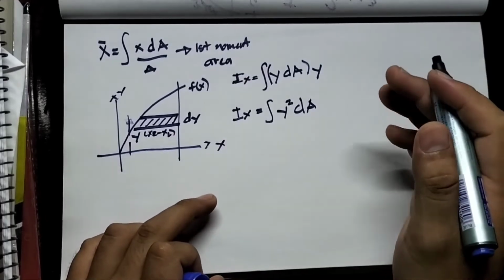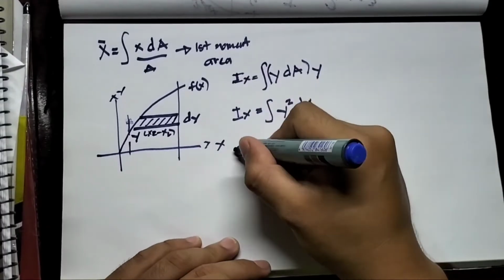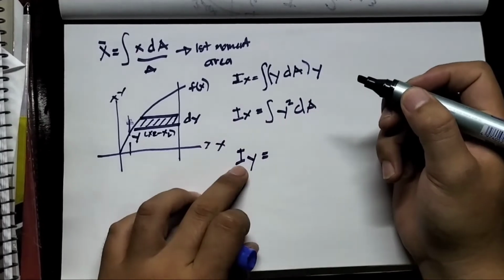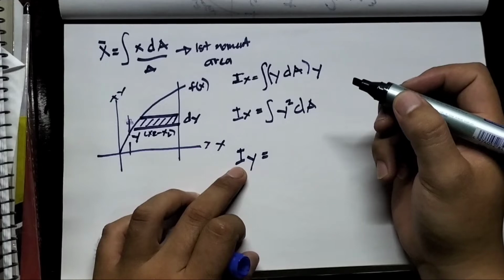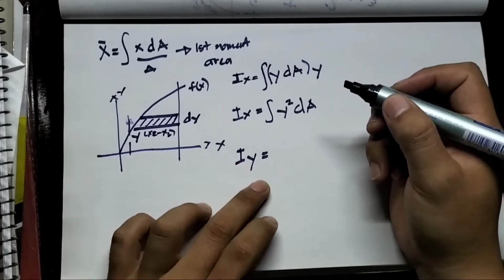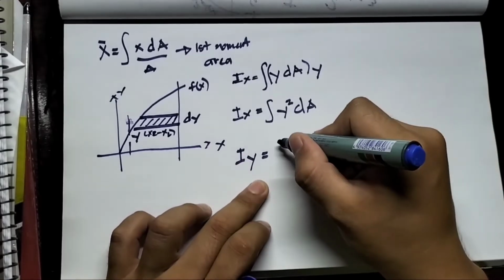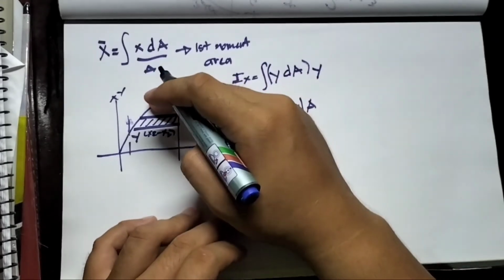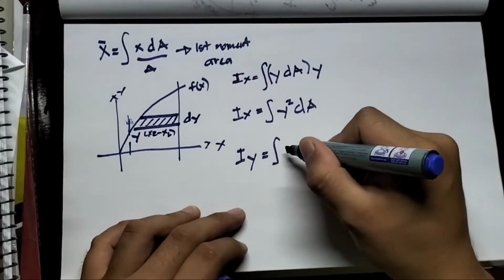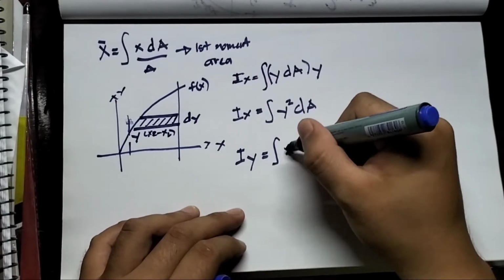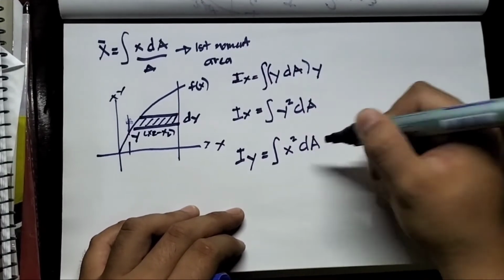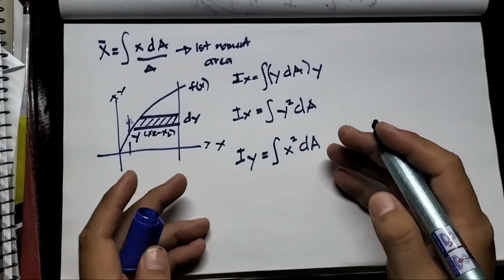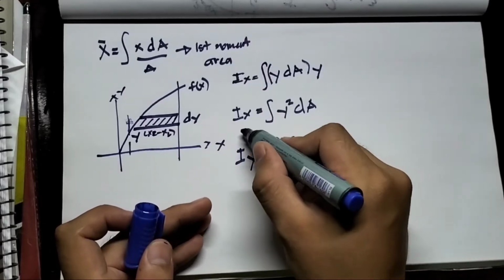And kapag ang kinuha naman natin is with respect to moment of inertia with respect to y, our formula will be, syempre, the strip will be vertical. So it will be x squared differential of an area. So that's how we get these two formulas.